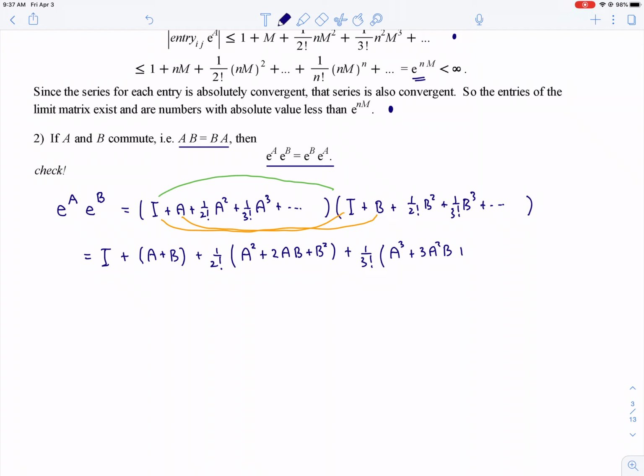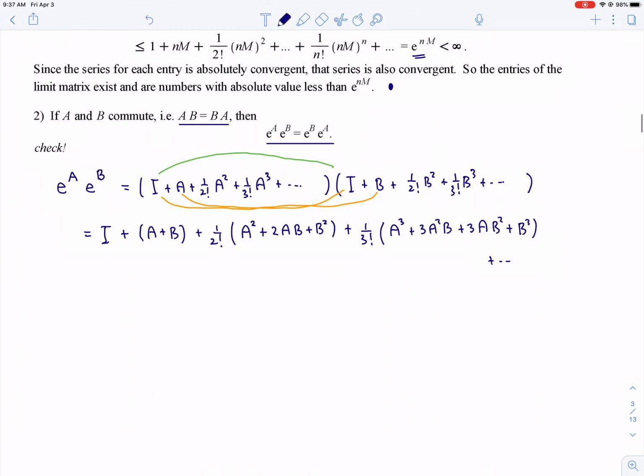And then I will also get an AB squared over 2 factorial, which inside the parentheses will be a 3AB squared. And then I'll have a 1 over 3 factorial B cubed, which inside the parentheses is a B cubed. And you can see what's going on here. I'm getting the binomial coefficients in front of the 1 over n factorial, in front of the total power of n terms.